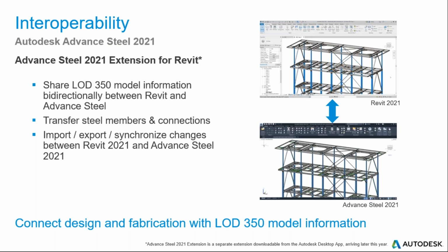Not only the parametric steel connections are transferred between the two products, but also individual components of custom connections such as plates, bolts, anchors, and welds. This enhanced workflow helps steel retailers and fabricators to take better advantage of the steel model designed in Revit. With the bidirectional link between Revit 2021 and Advanced Steel 2021, you can connect design and fabrication and share LOD 350 model information.